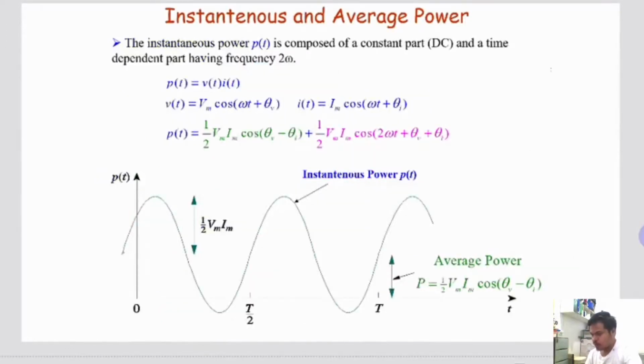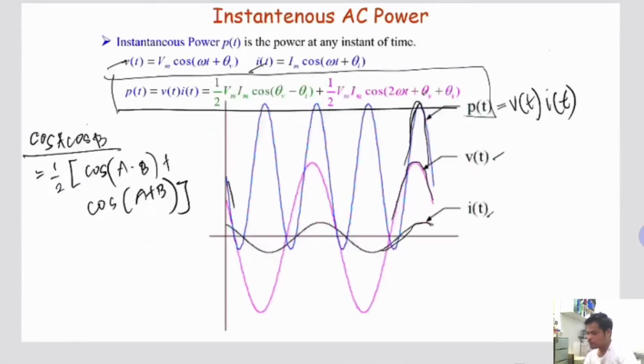Next we have the graph for instantaneous power and the average power. Here we have the graph for instantaneous power if we multiply the voltage and the current function.